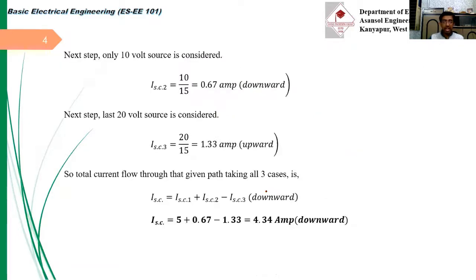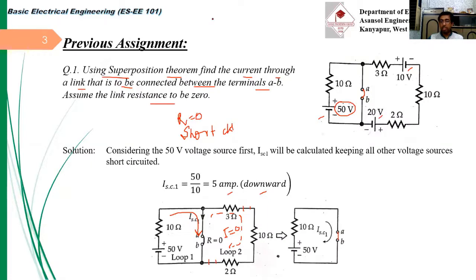Next, if we take only the 10 volt source, this is step 2, and the previous one was step 1. In step 2, when 10 volt is taken, the 50 and 20 volt sources will be shorted.